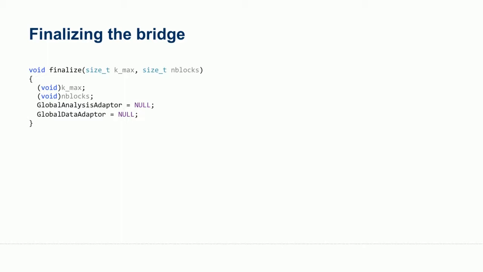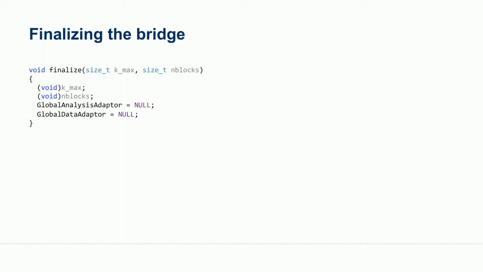In the finalize method, we're nulling these out. So these are smart pointers. Assigning a null value actually causes the internal object to be deleted, so that's actually freeing up the memory. This is important in this finalize method because things like Catalyst and Libsim make MPI calls, so they have to be taken down before MPI finalize.